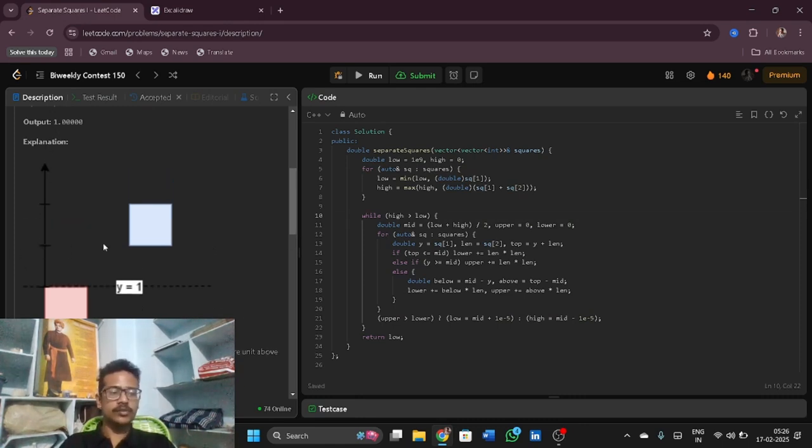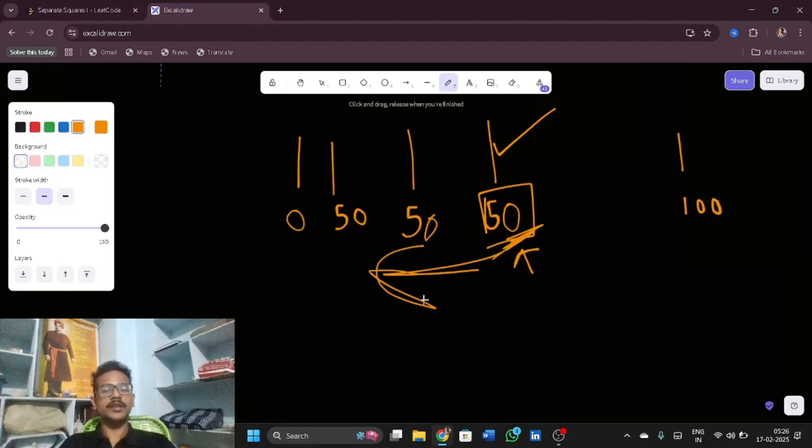If you see here, at index 2 the lower area is 1 and the upper area is also 1, but I need to return the lower index where I got 1, so this algorithm won't work.